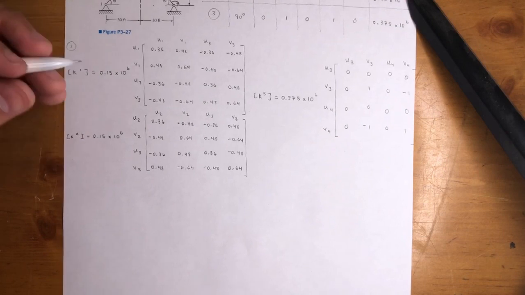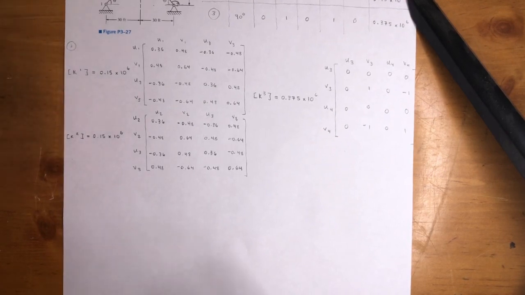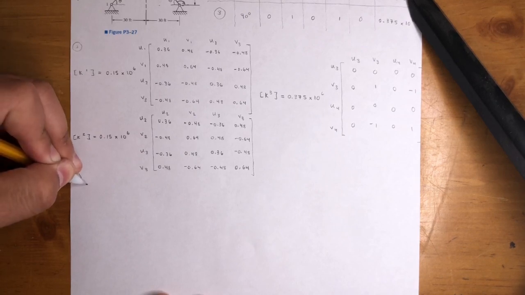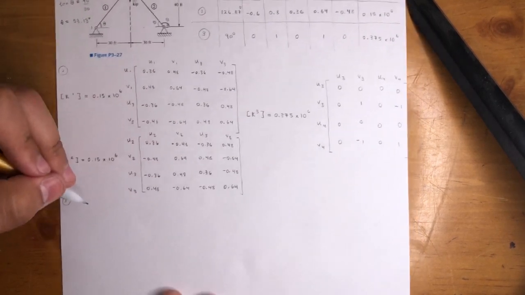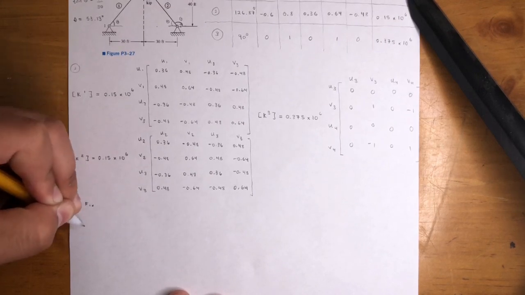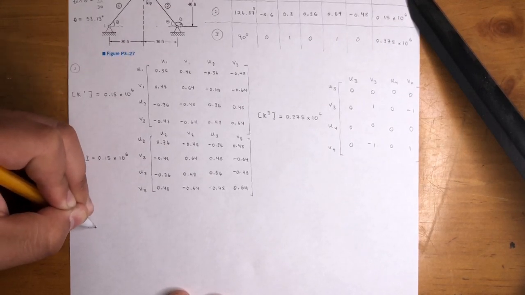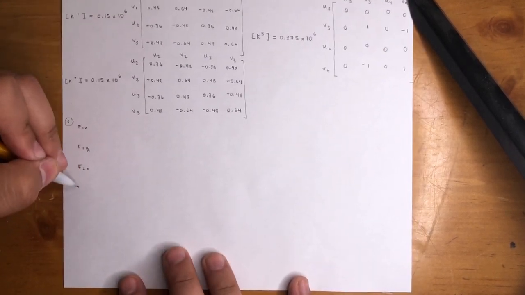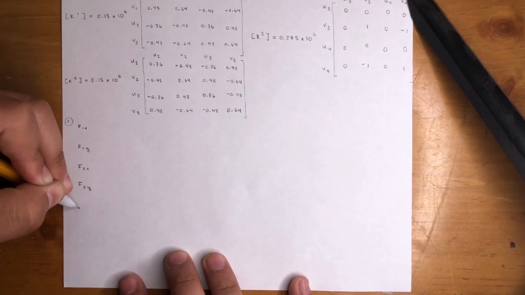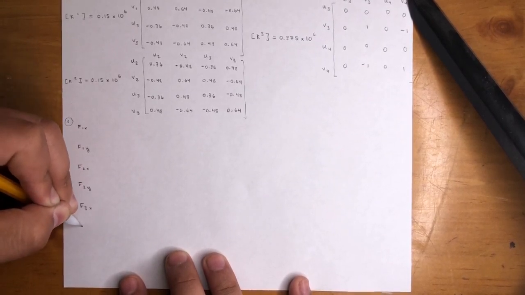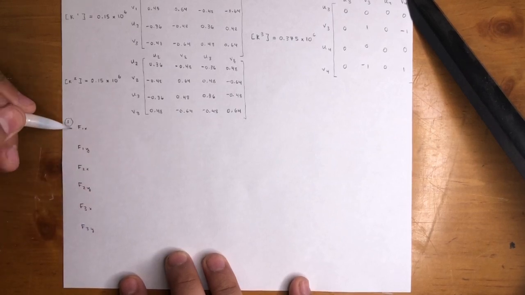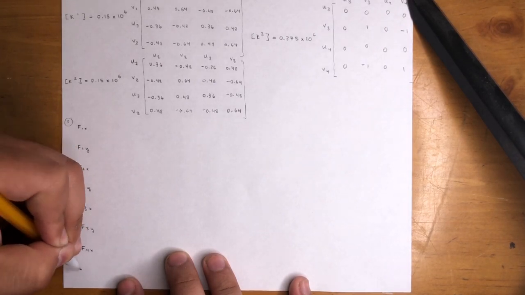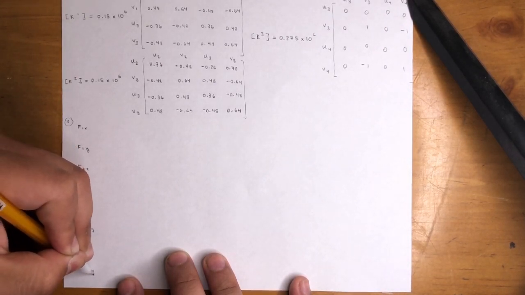Let's go ahead and do the global stiffness matrix, or the global equation, at this point, right? It's a lot of writing if you do that separately. So it's 4 nodes, X and Y. So it's F1X, F1Y, F2X, F2Y, F3X, F3Y, and then F4X, F4Y.